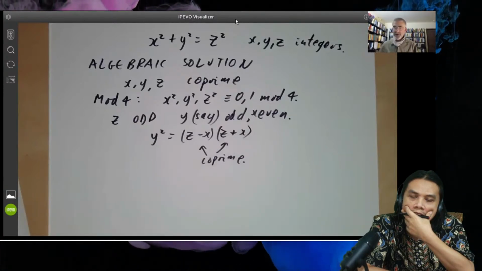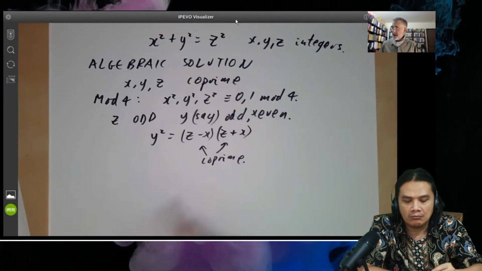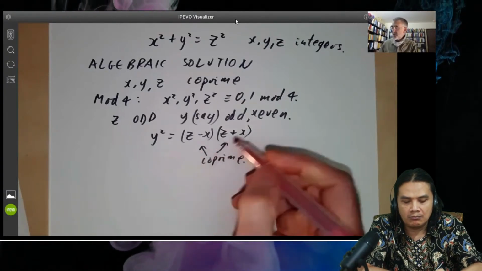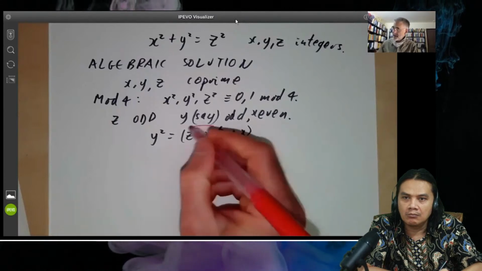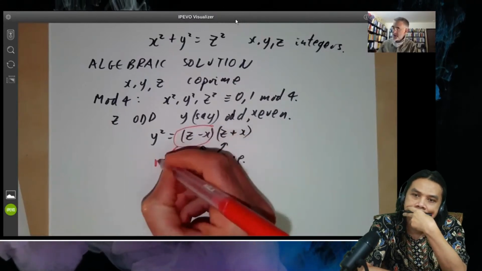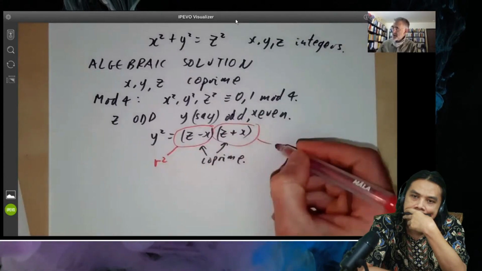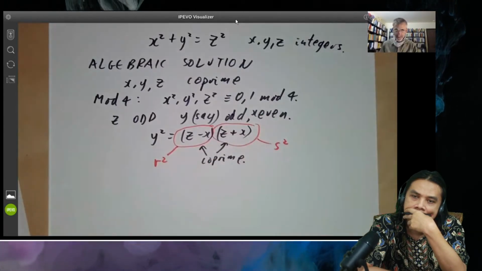Now, if we've got two numbers that are co-prime whose product is a square, then both the numbers must be squares, at least up to sign. So by changing the sign if necessary, we can assume that this is a square, say r squared, and this is a square, say s squared.